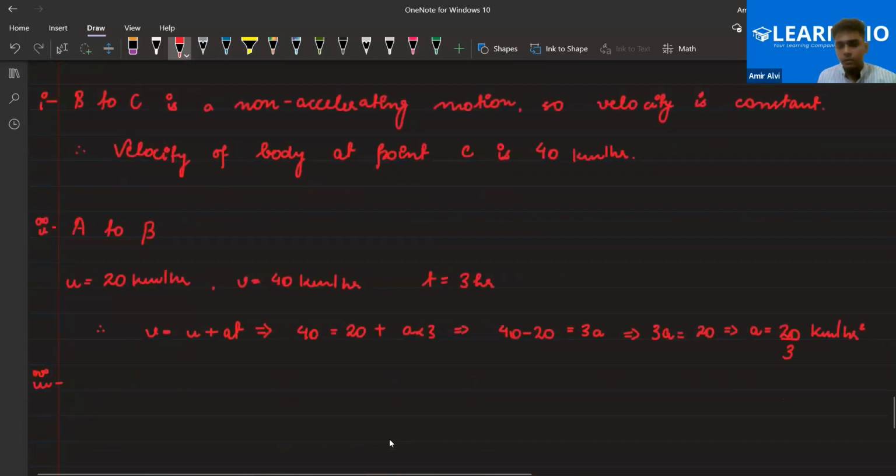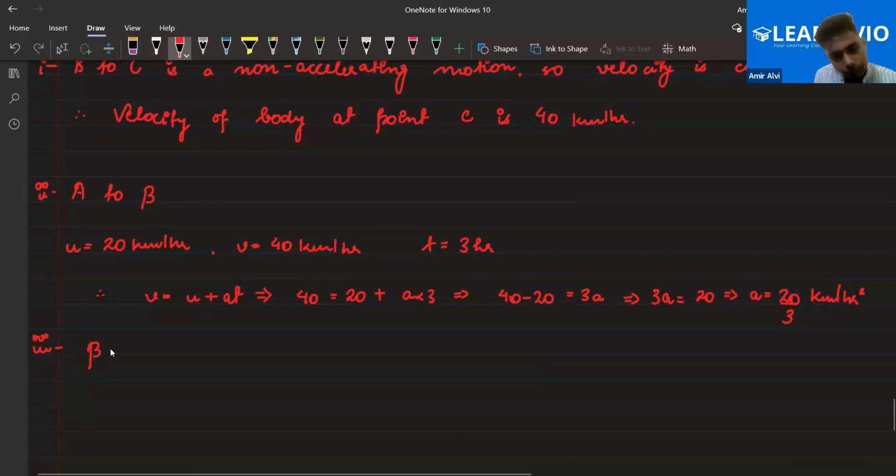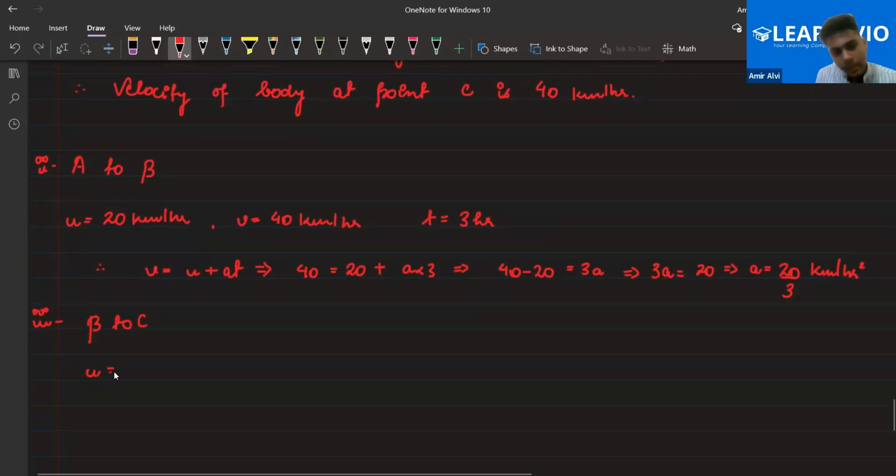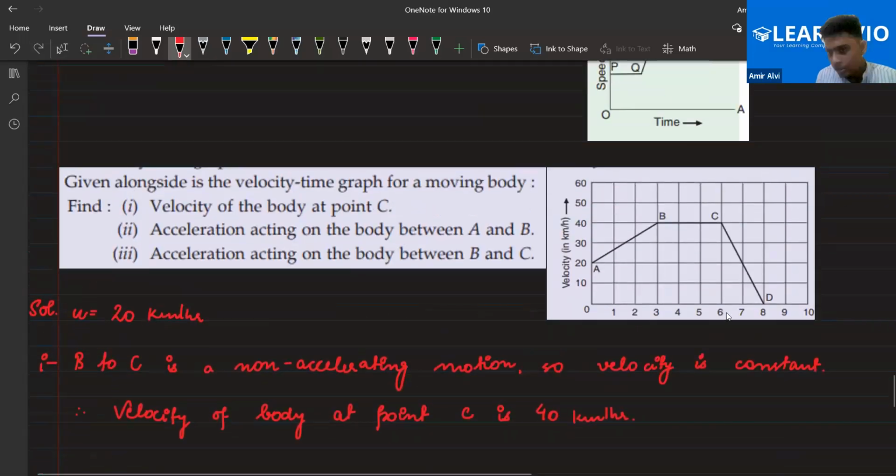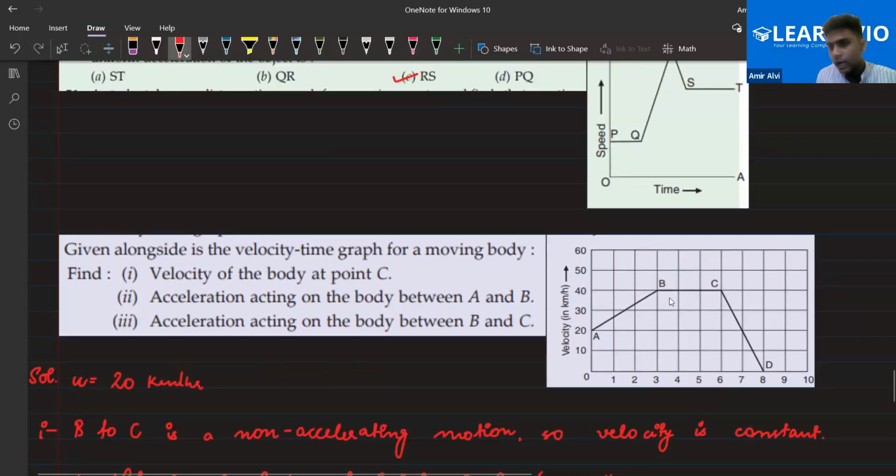So B to C. Initial velocity is also 40 kilometer per hour, and final velocity is also 40 kilometer per hour. And if we talk about the time, at C point it is 6, at B point it is 3.